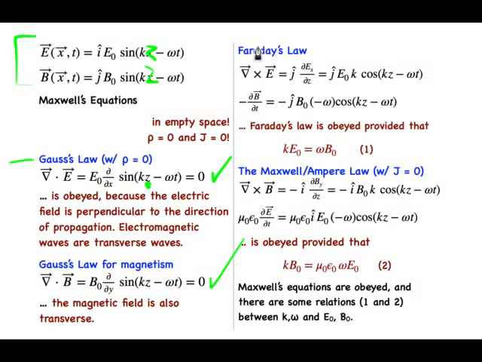Next we have Faraday's law. Faraday's law is an equation for the curl of E. So let's calculate the curl of E. Remember the curl? Well, it's that determinant. What's the curl of E if E only has an x component?